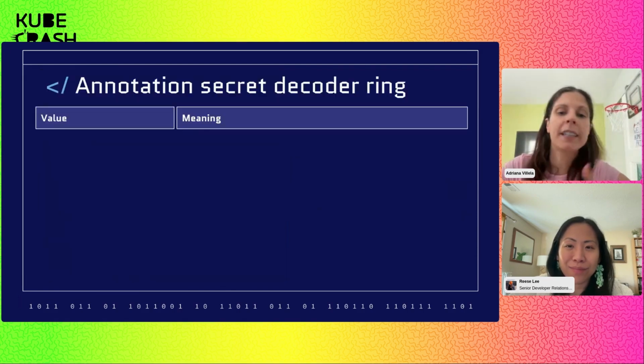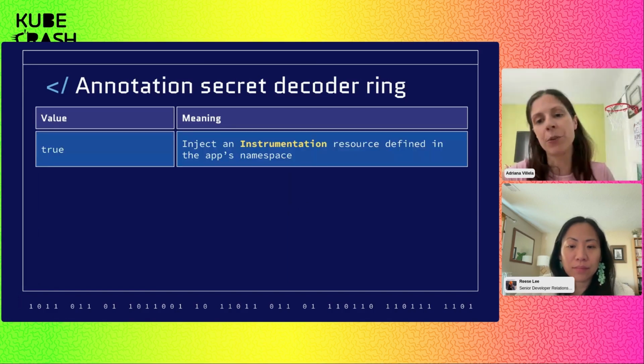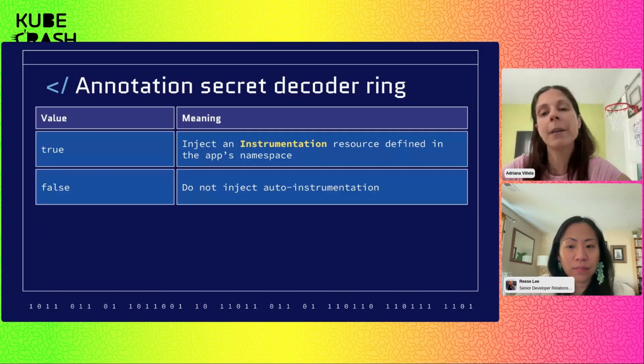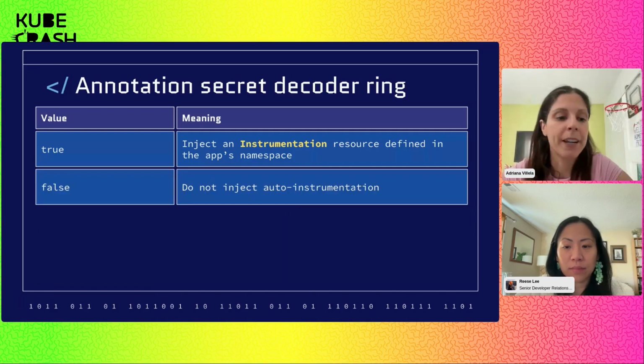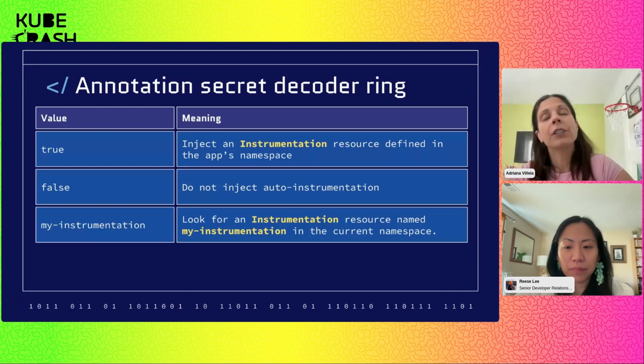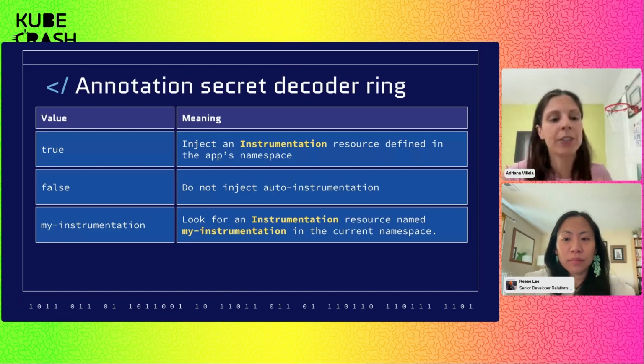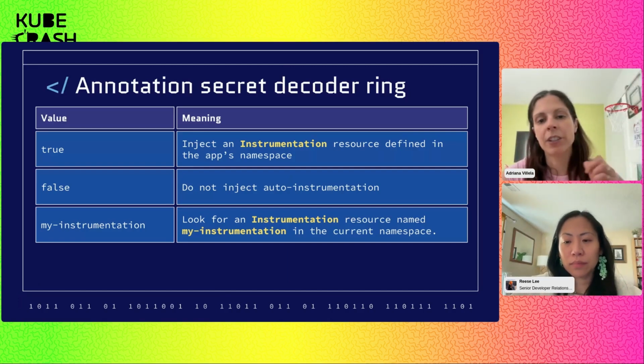Now, besides that true value that we saw with the annotation, there are other values that we can set for the annotation. We can set false if we want to temporarily disable auto-instrumentation. Or, as you notice, the instrumentation resource has a name. So we can say, hey, we want it to pull the configurations for an instrumentation resource called my-instrumentation.